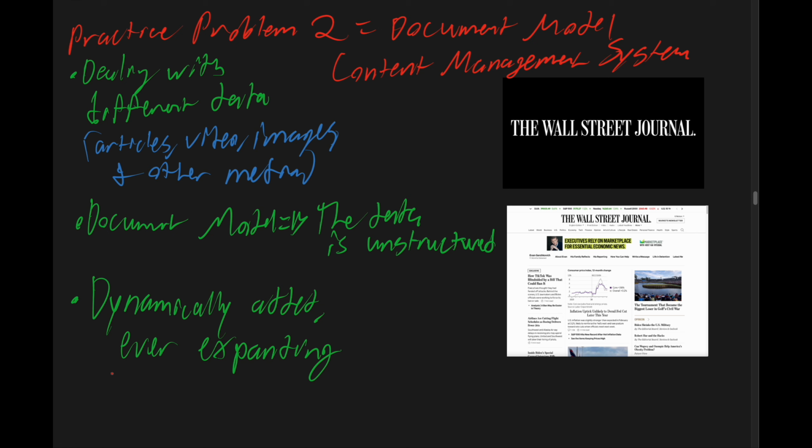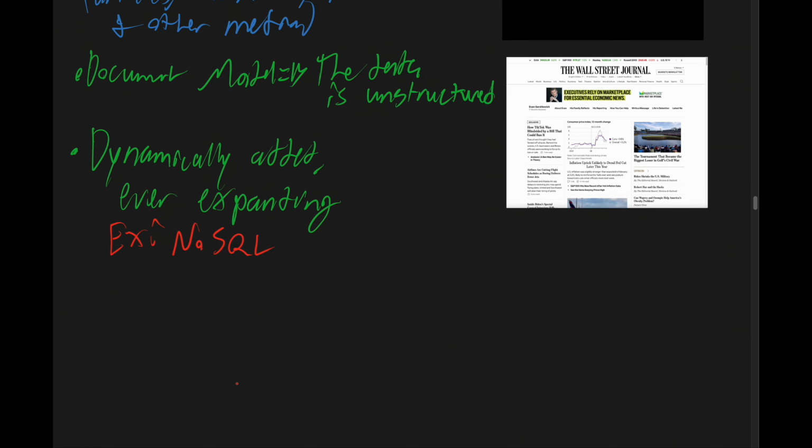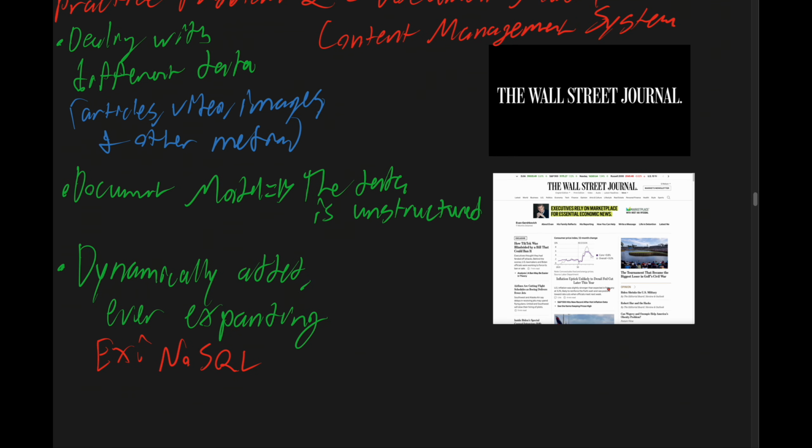A good example is NoSQL. And I'm just putting up the Wall Street Journal as one example of a content management system, because you're dealing with articles, for instance, images and video, and forms of unstructured data that need to be ever expanding as well, because every day there's going to be some news.